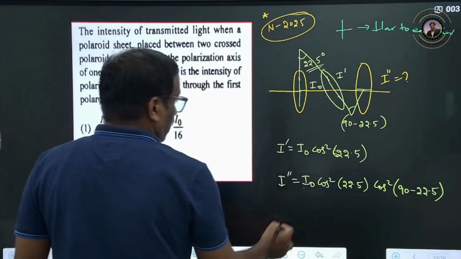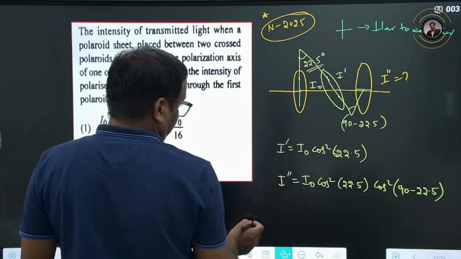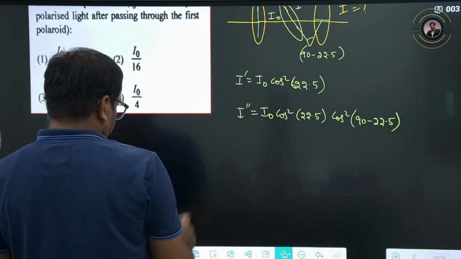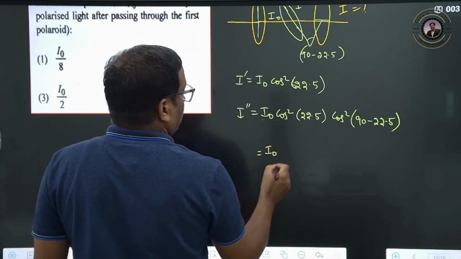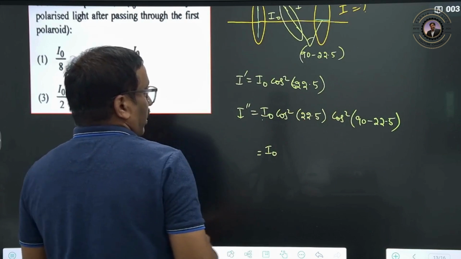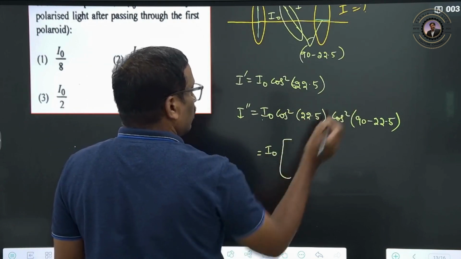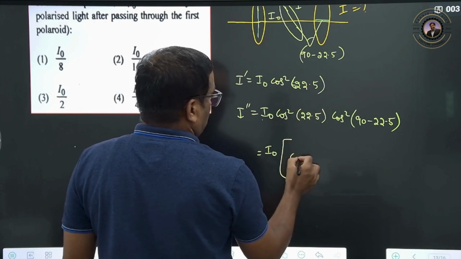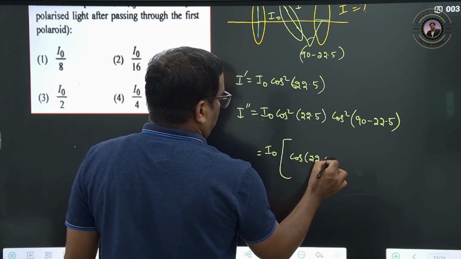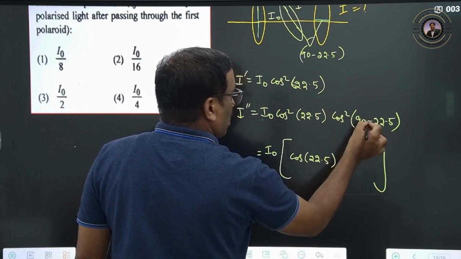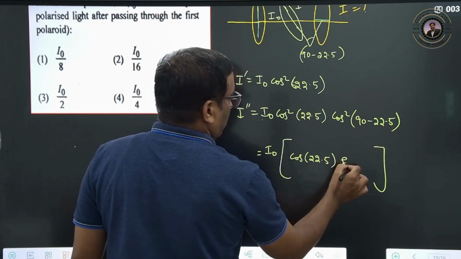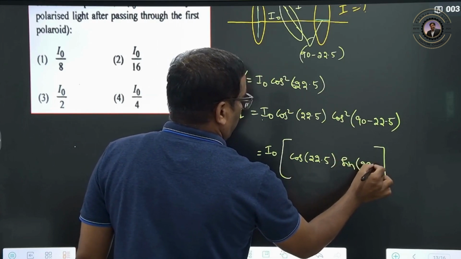So therefore here I can rewrite it as I naught into, so cos square I can write as whole square. Clear? So cos of 22.5 whole square, and cos of 90 minus 22.5 means sin of 22.5.